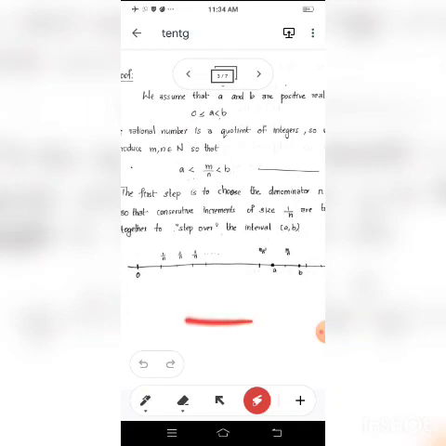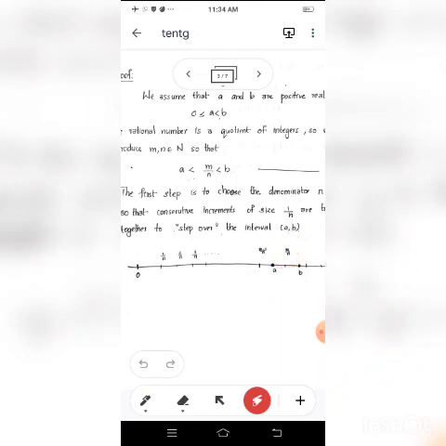The interval is a and b, and we have to find a rational number between a and b in the form m by n. First step is to choose the denominator n large enough. So the increments are 1 by n, 2 by n, 3 by n, etc. In between a and b we find an m by n.